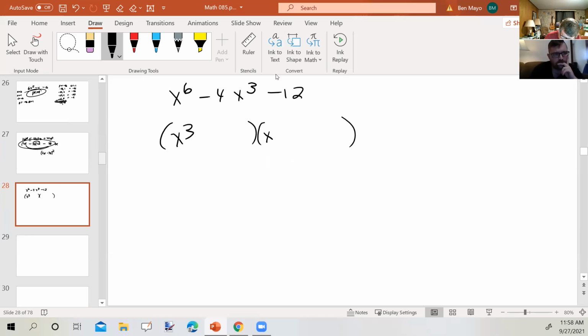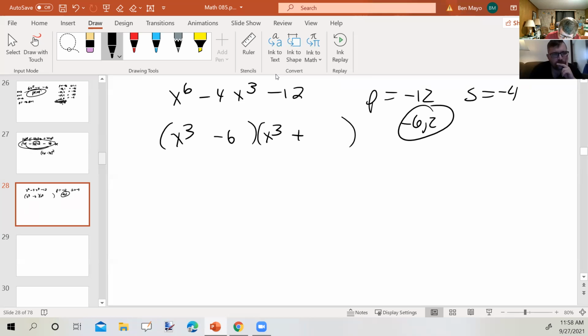It would have to be x cubed and x cubed. So the product would be negative 12 and the sum would be negative 4. How about negative 6 and 2? And there you go. Neither one of those is the difference of two squares, because those aren't squares, the x cubed or the 6.